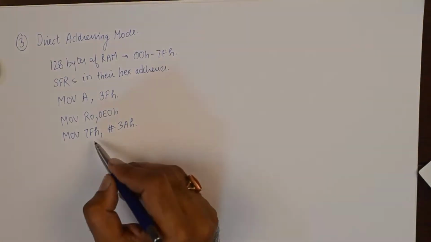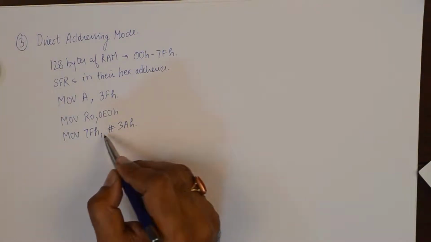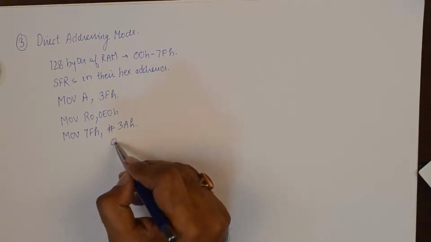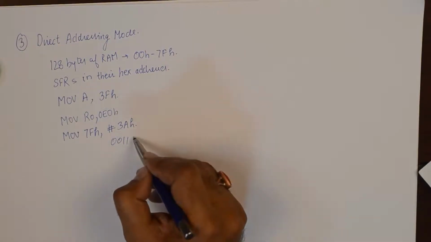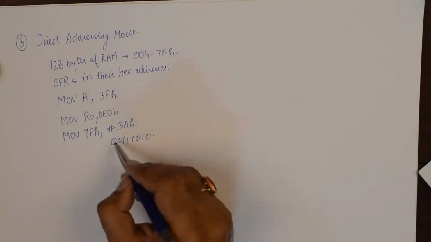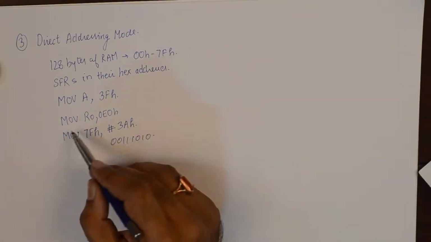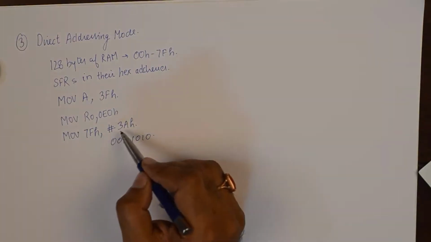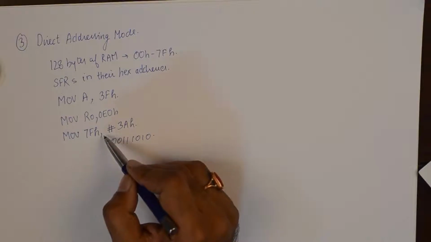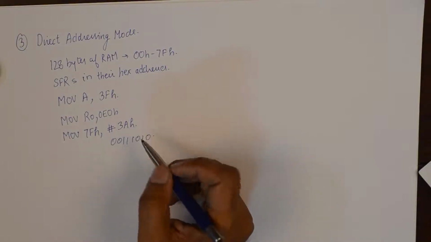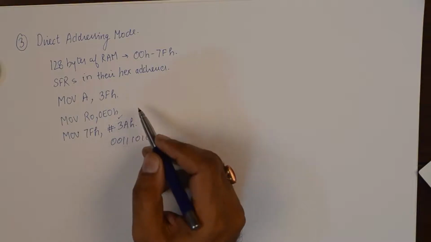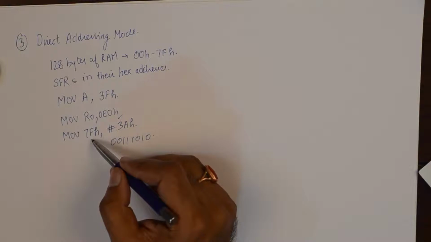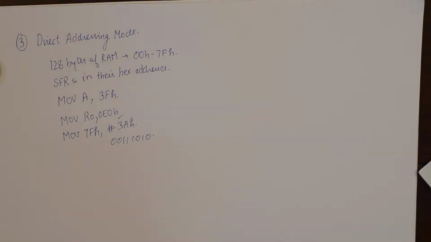So what will happen is the last register of the RAM would now contain the number 00111010. This can be thought of as an example of direct as well as immediate addressing, because we're using immediate data as the source and a direct address as the destination.